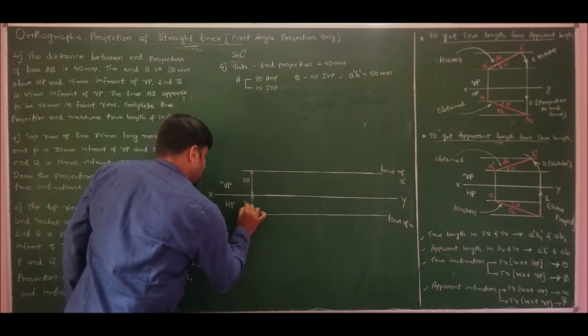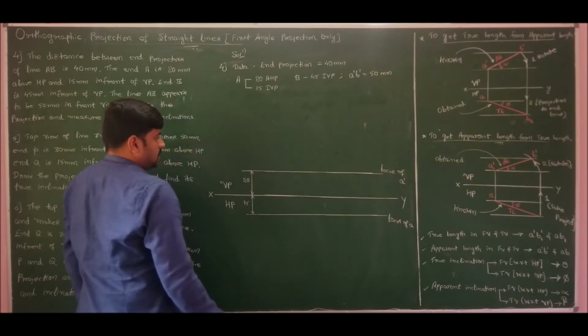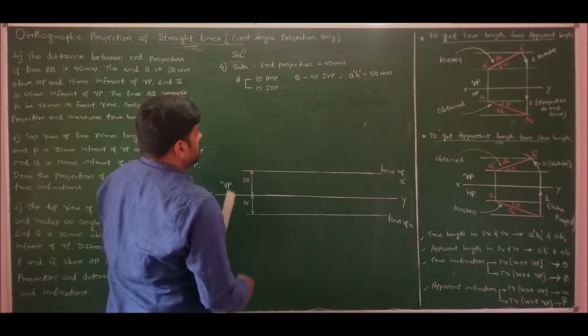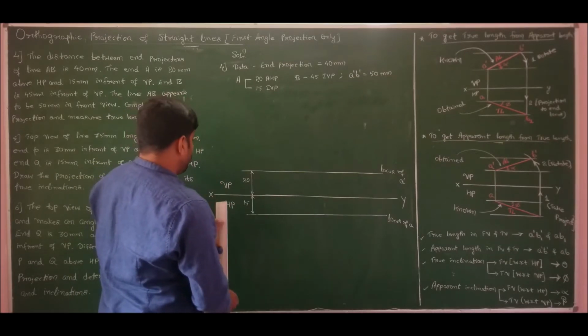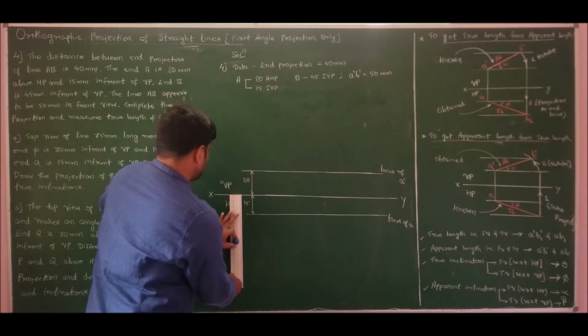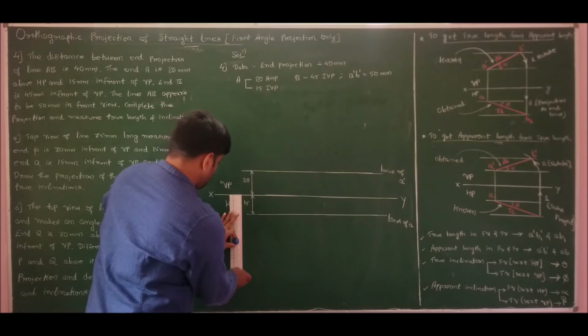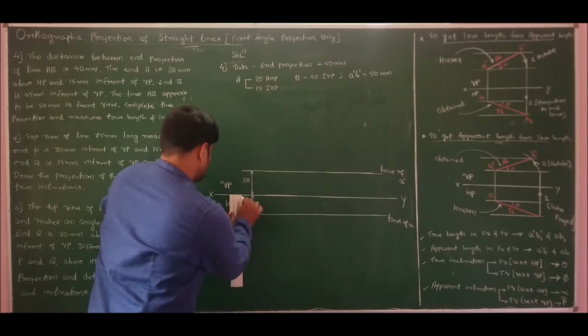Given 50 mm is the distance. Now end B is 45 mm in front of VP, so show it in HP. Mark the distance 45 mm.